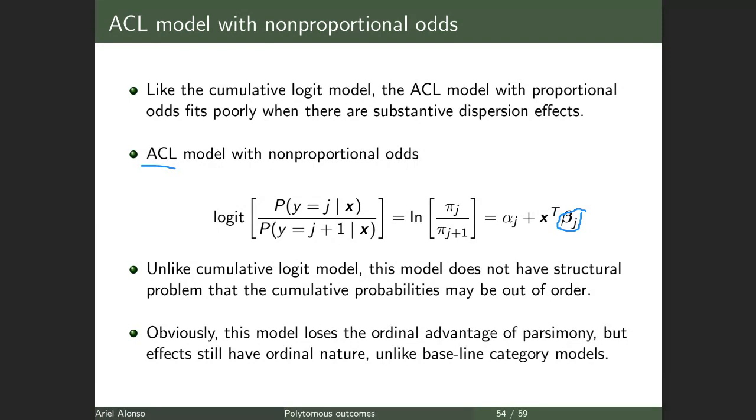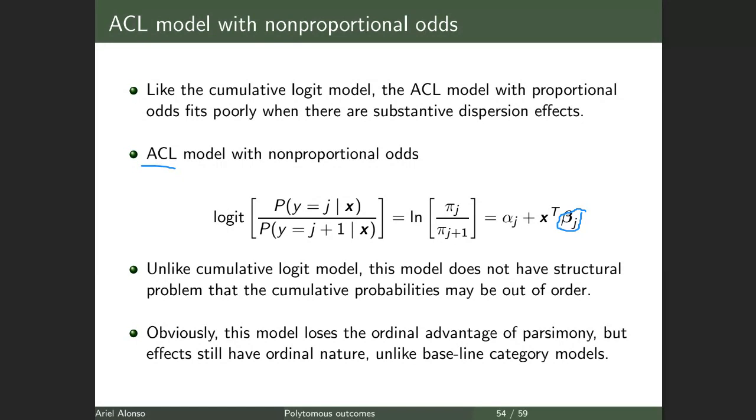So a non-proportional model makes more sense if you're using an ACL model than if you're using a cumulative model. With the cumulative model, immediately you can get into that problem that the probabilities are not ordered in the way they should be, whereas here you don't have that problem.